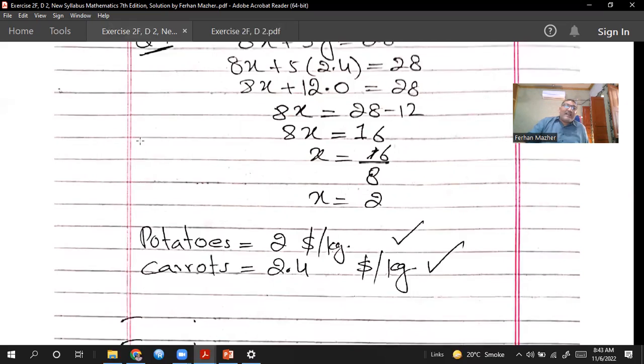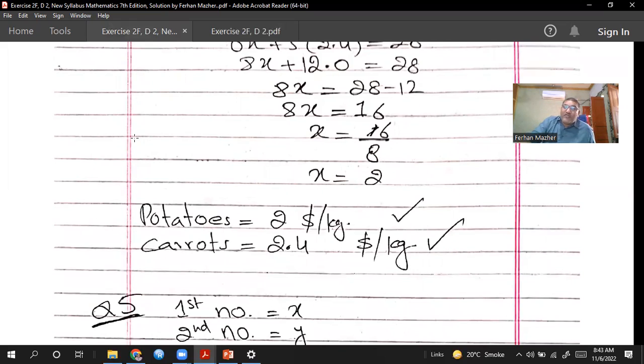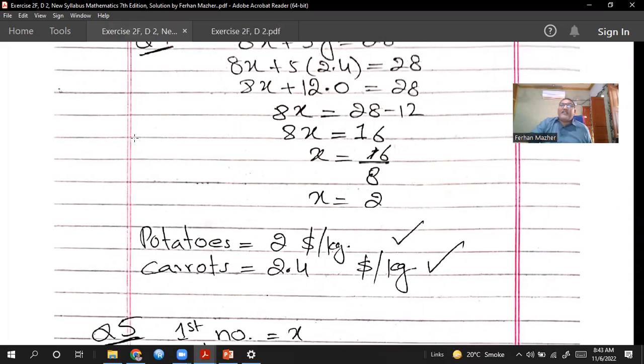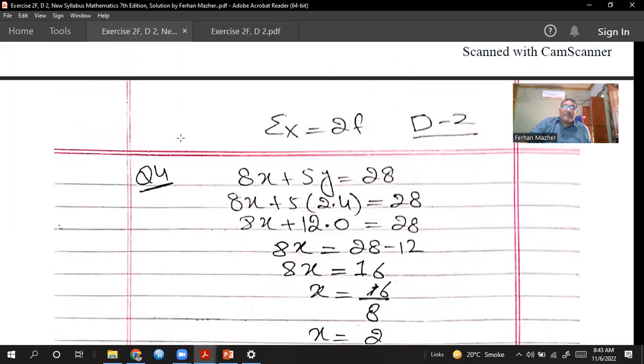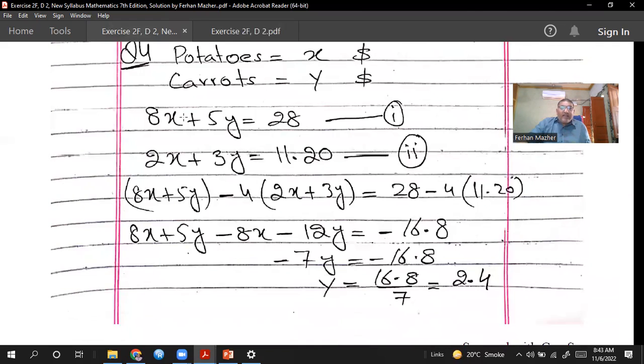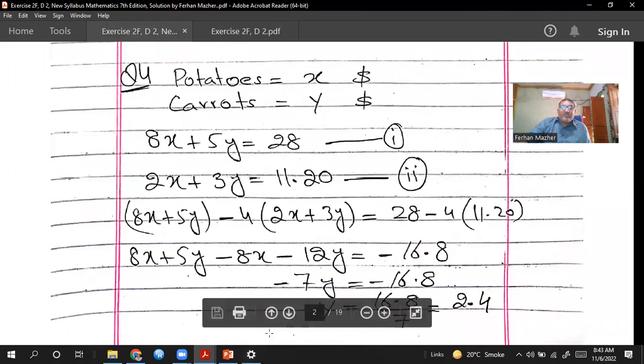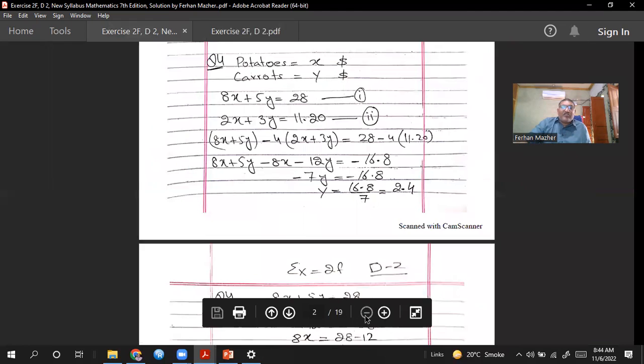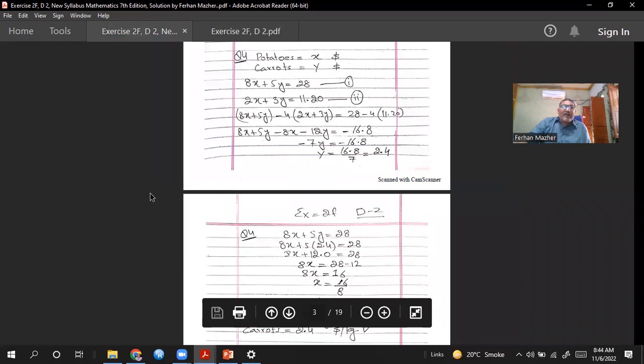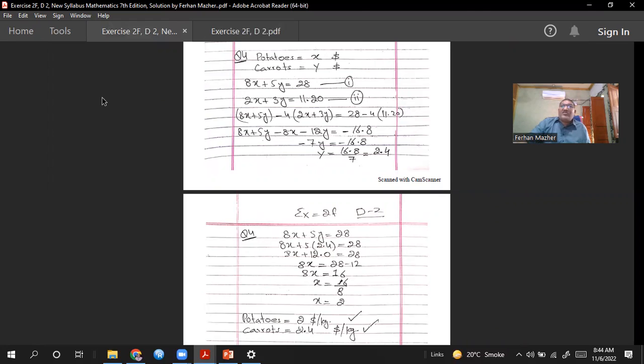So you got the price of the potatoes, that is $2 per kg, and the carrots, that is $2.4 per kg. Let me reduce the size so you can see the whole question together. I hope you can see that the whole question is showing up on your screen, and this is how you will do this question.